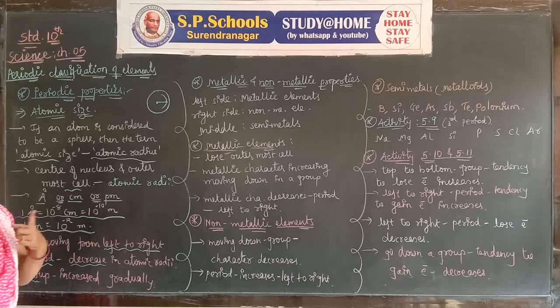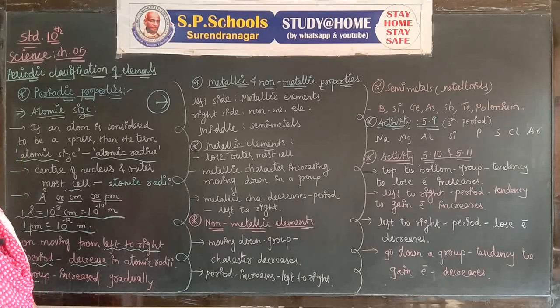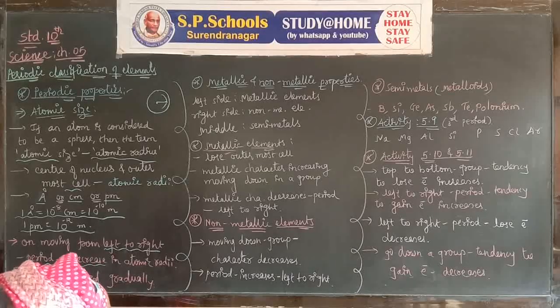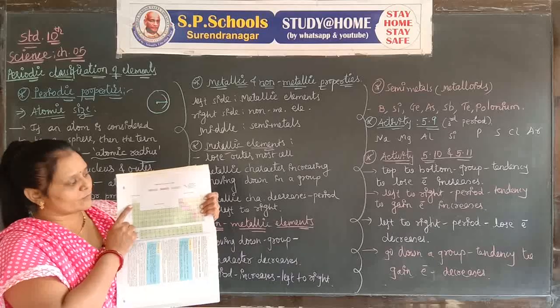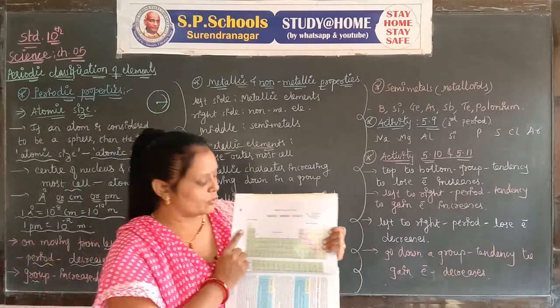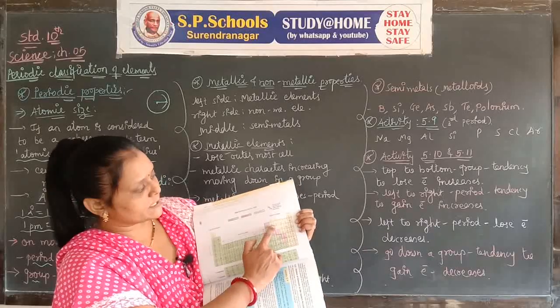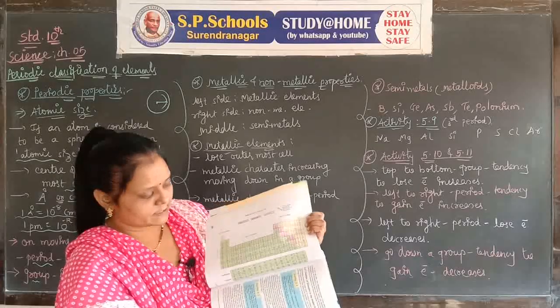The first property is valency, the second is atomic size, and the third is metallic and non-metallic properties. If you see the modern periodic table in the textbook, you will see metals, a zigzag pattern in between, and then non-metals.